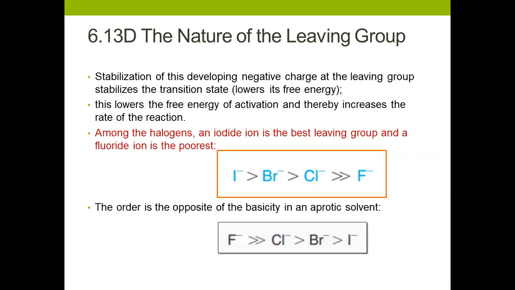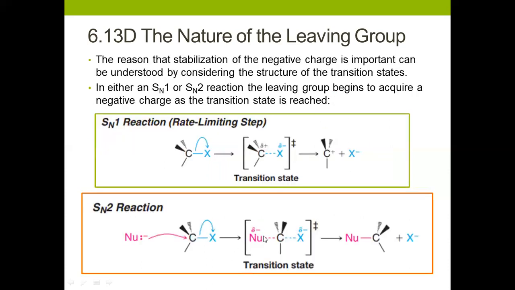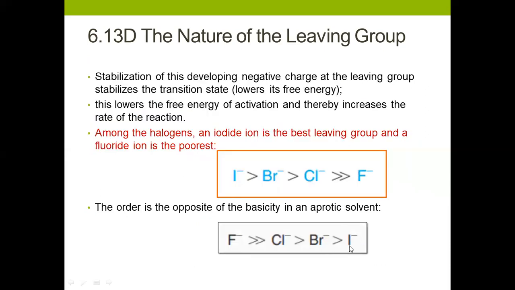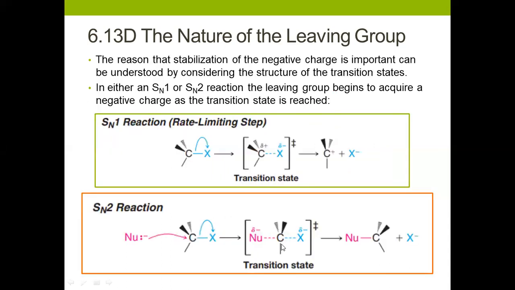When the leaving group is smaller here, then the nucleophile can easily attack. There is much less electron density in the leaving group, so the nucleophile can easily attack, as compared, for example, to when you have iodide, or iodine, in your substrate.